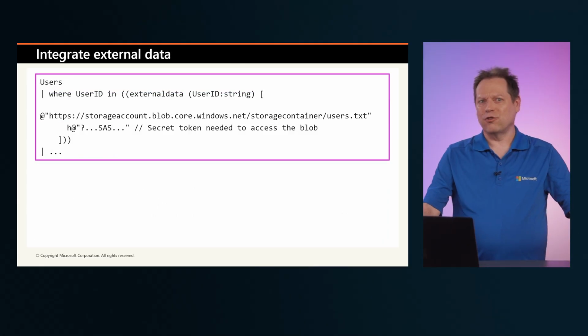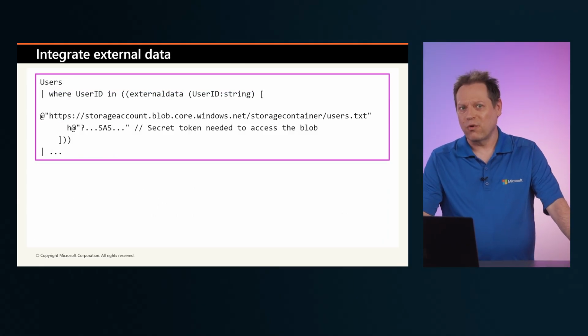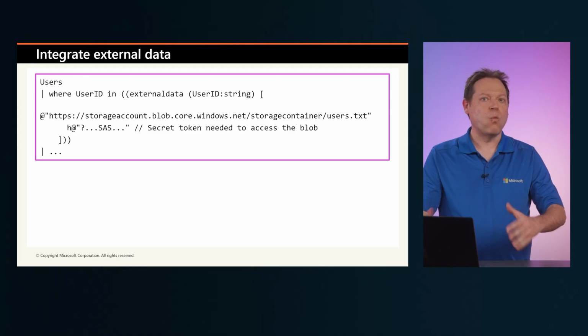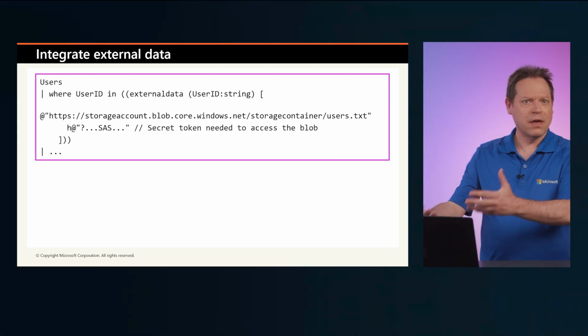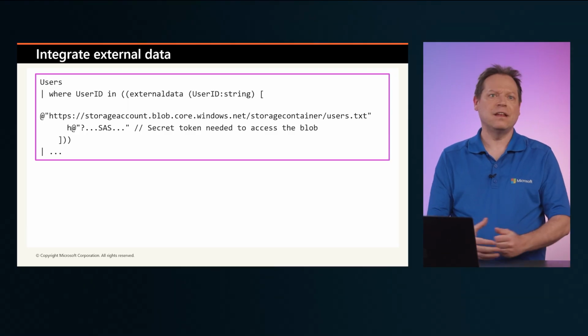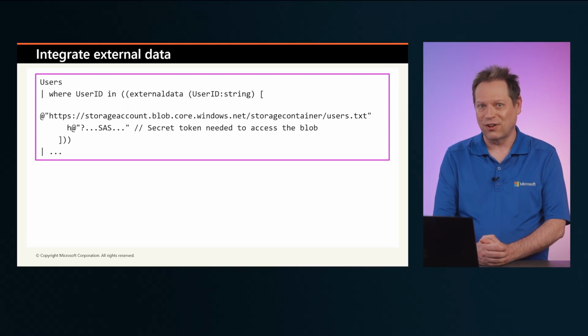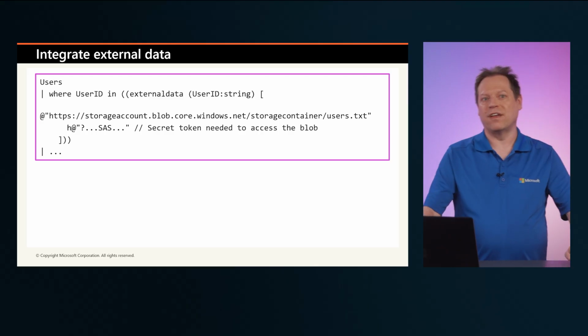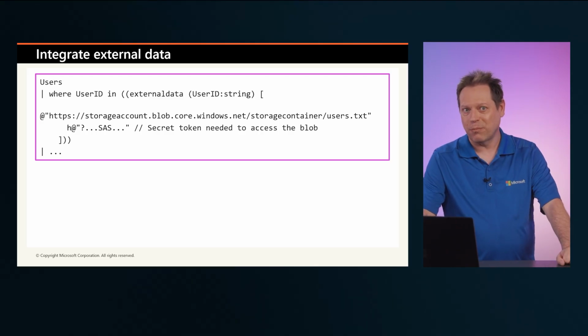In some scenarios, you'll want to enrich your query with external data, like a watchlist of user IDs, hashes, or known indicators stored outside Sentinel. KQL supports this with the externaldata capability.